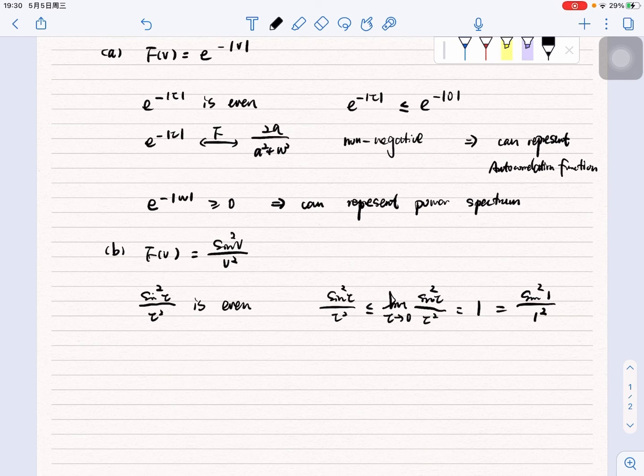We also have the Fourier transform of sine tau squared over tau squared, which is like this, a triangle in omega from minus 2 to 2, and we know that this is non-negative.